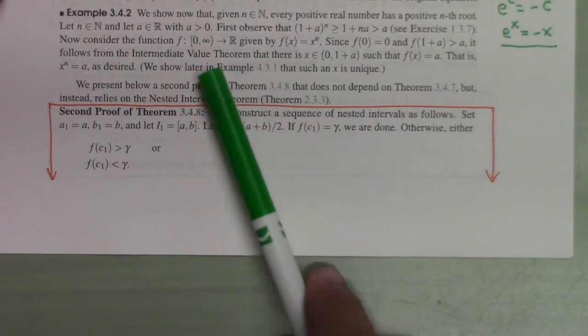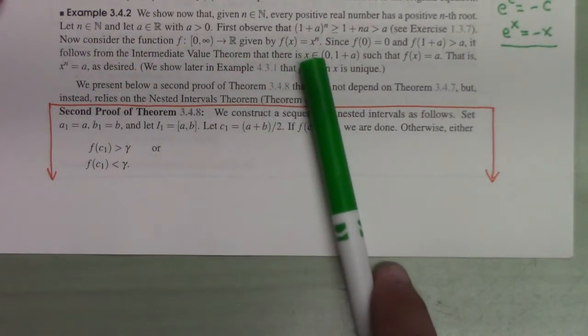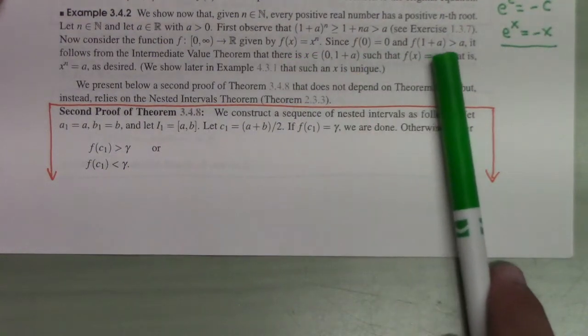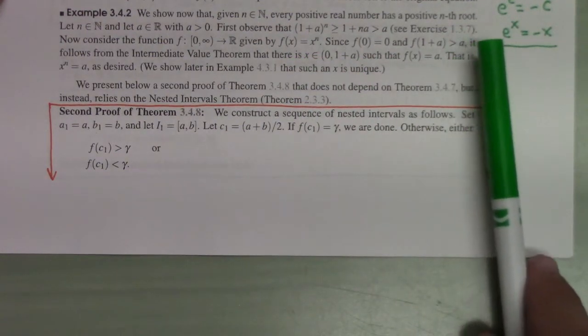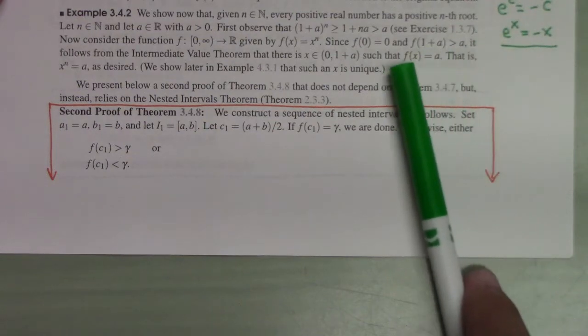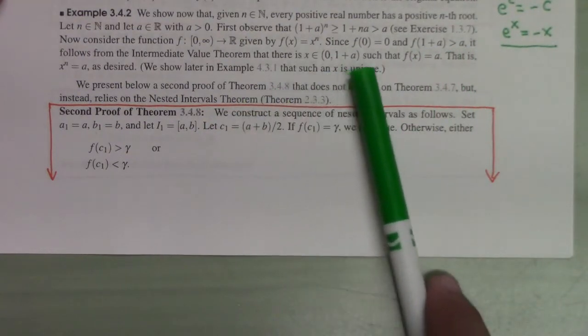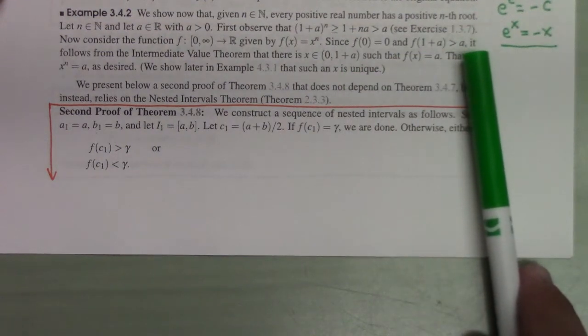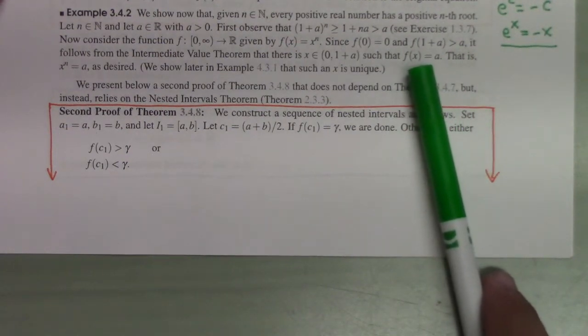And so he says, okay, so consider the function f of x equals x to the n. F of 0 is 0, and f of 1 plus a is greater than a, right? So it must be that somewhere in the interval from 0 to 1 plus a, there's an intermediate value such that f of, and we'll call the intermediate value x in this case.